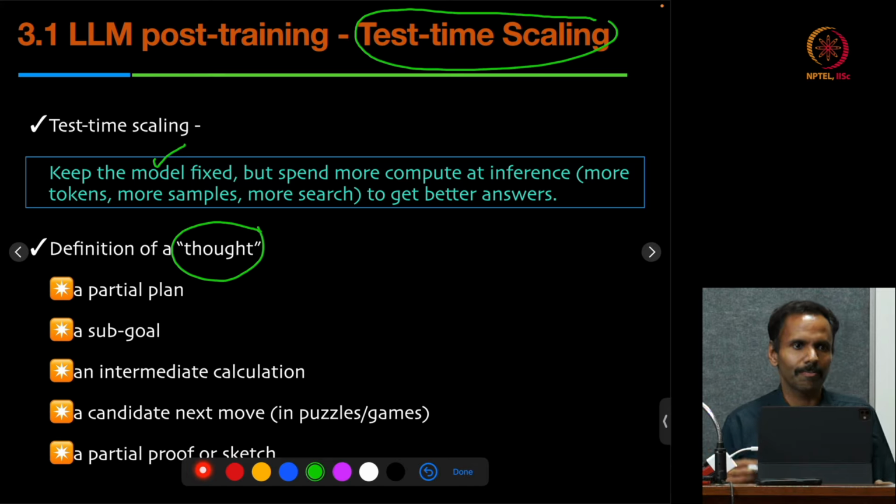If you think of a mathematical problem that you want to solve, or a coding problem that you want to solve with your large language model, then these are immediate steps that increasingly move you towards your final goal. A partial proof sketch, a partial step in your derivation, a code snippet or a function that moves you in the right direction could all be considered as a thought.